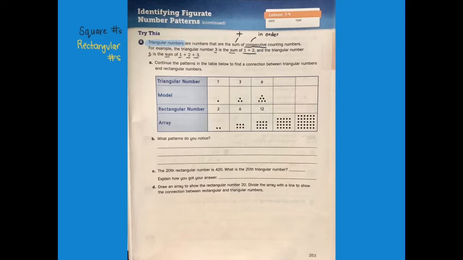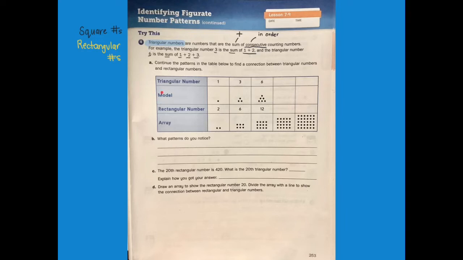So let's take a look at our chart here. Problem A says continue the patterns in the table below to find a connection between triangular numbers and rectangular numbers. Our table has our triangular numbers: 1, 3, and 6. We know those are triangular numbers. And then we've got our rectangular numbers, which I remember well from last time: 2, 6, and 12.